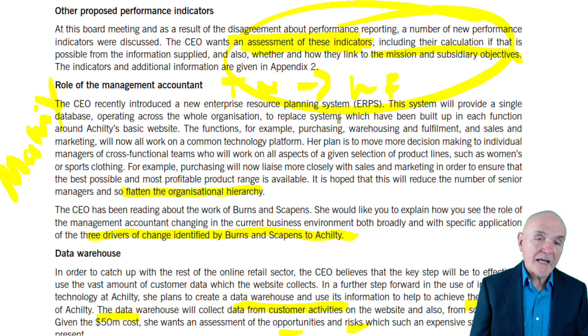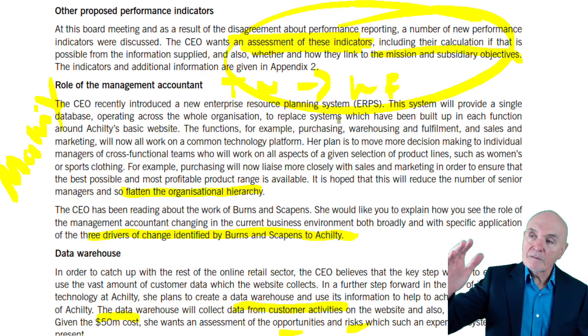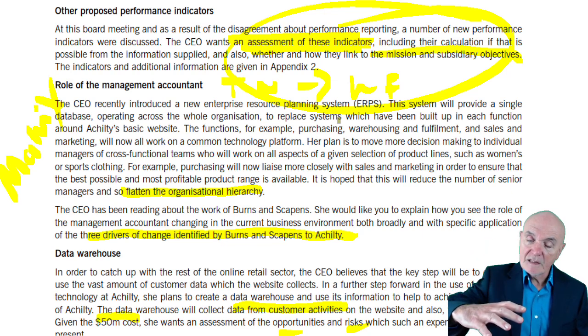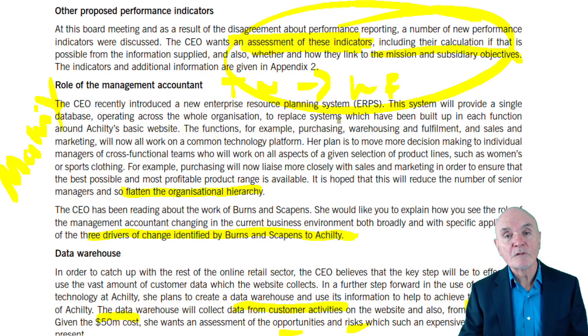So particularly as you delayer, and these people are in many ways perhaps younger, less experienced, perhaps they need more help from people like management accountants when it comes to making sense of management accounting information.